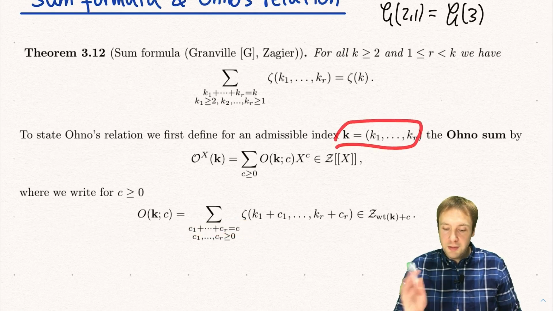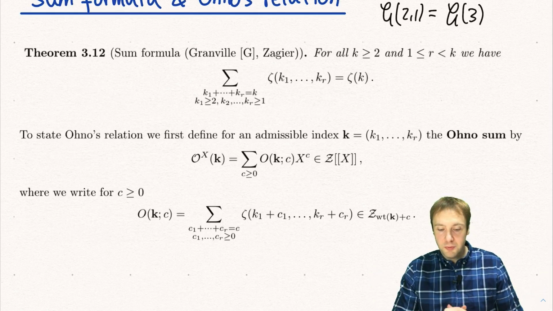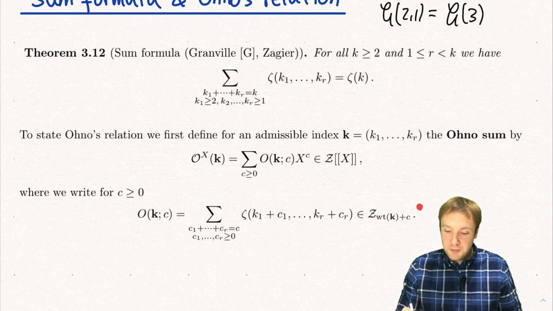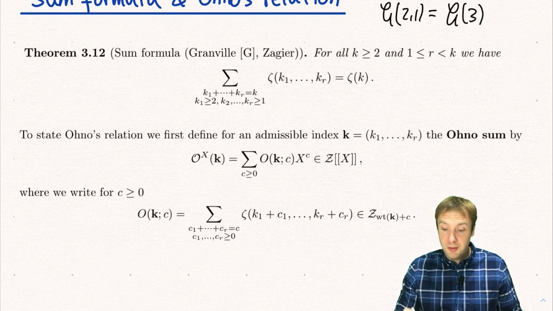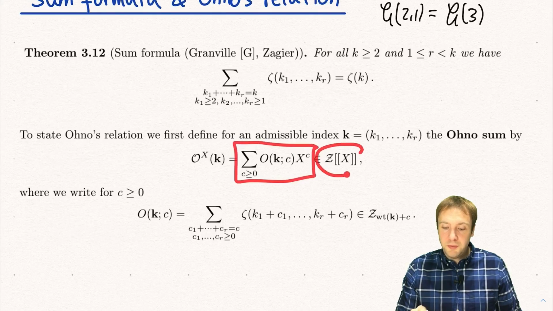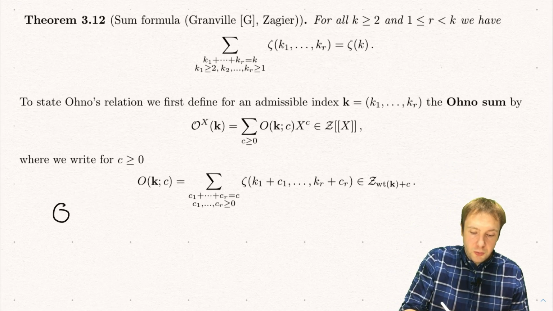So this k is a fixed index with a fixed depth r, and O_c of this index k for a fixed number c is just all possible ways to add the weight c on top of this index. Therefore this is a multiple zeta value of weight given by the weight of k plus c. So in general, this Ohno sum is a power series with coefficients given by multiple zeta values, and the constant term, O_0 of k, is just zeta k.